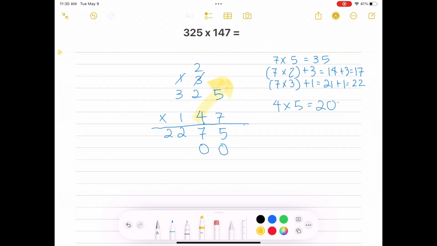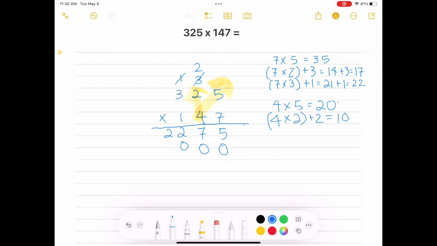Now you multiply the 4 times 2 and plus 2 that was carried from before, and that's 8 plus 2, which equals 10.